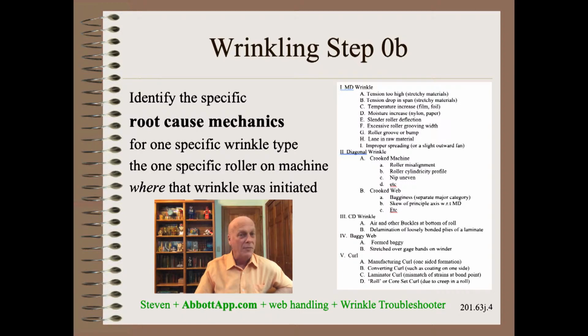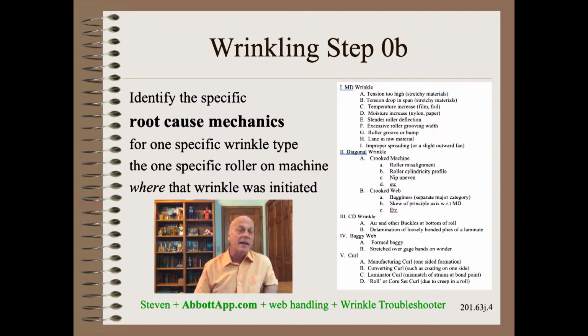Again, before we get started, we must identify the specific root cause mechanics for one specific wrinkle type on the one specific roller on the machine where that specific wrinkle type was initiated. Could I be any more specific?